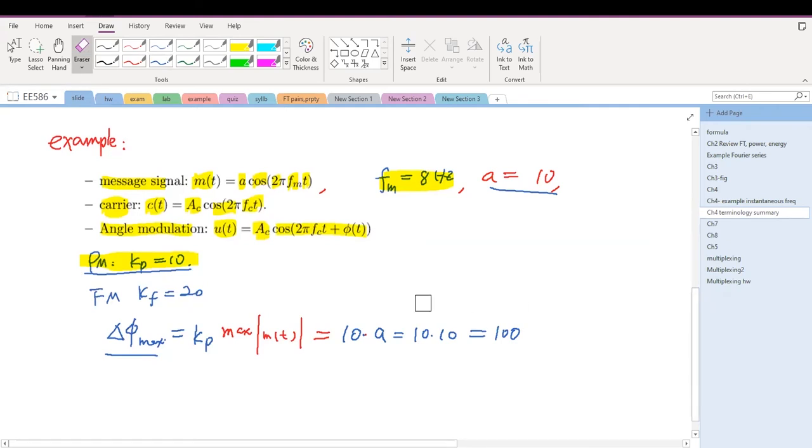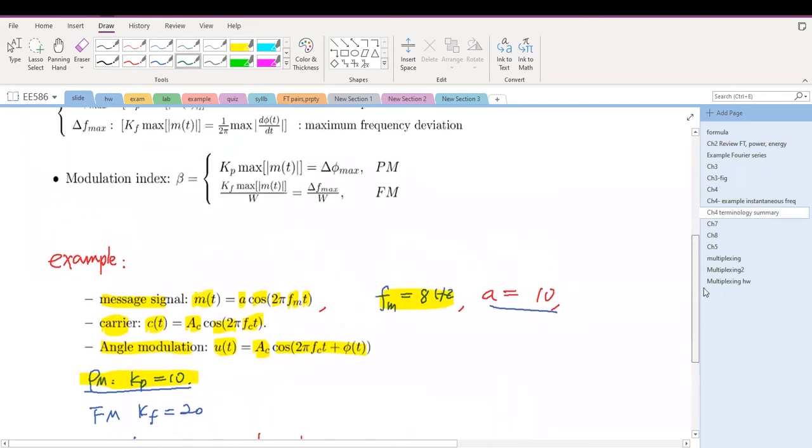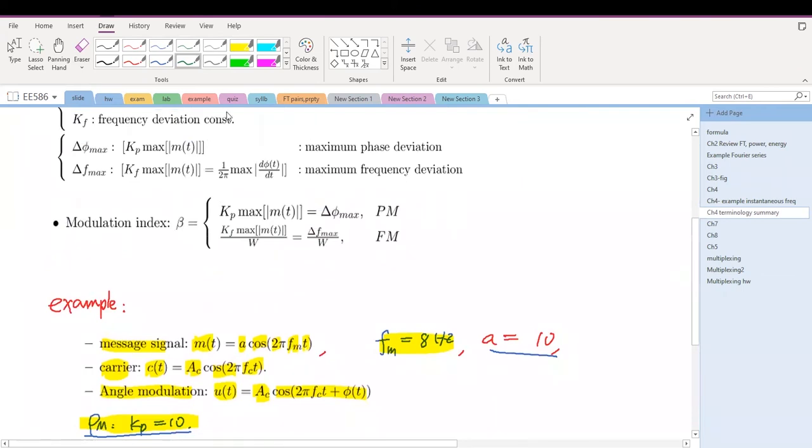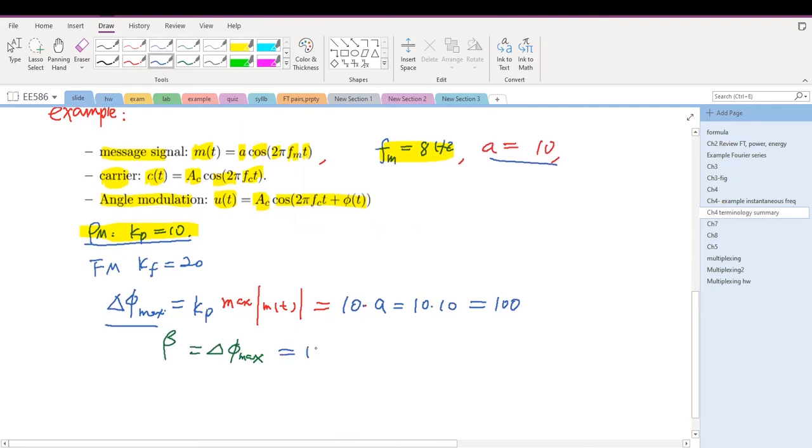Next, let's find out the modulation index beta. The modulation index beta equals delta phi max for PM, and this equals 100. Then what is the effective bandwidth?